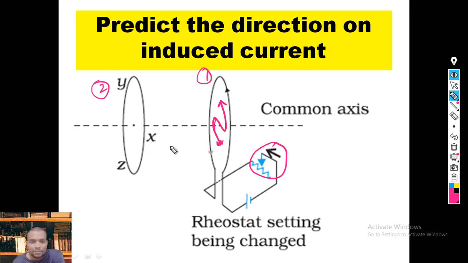So the same north pole should be developed in the other coil so that it can oppose. If we put that north pole here, you can give the directions. Now if you take the arrow marks along this direction, the current is flowing from Z to X to Y.